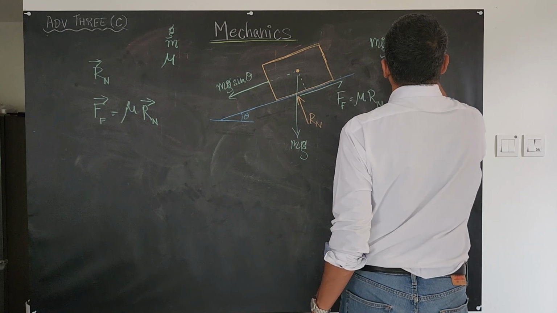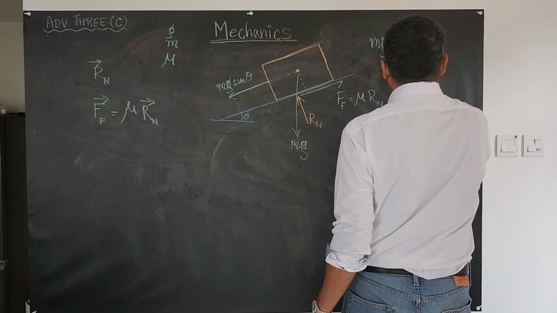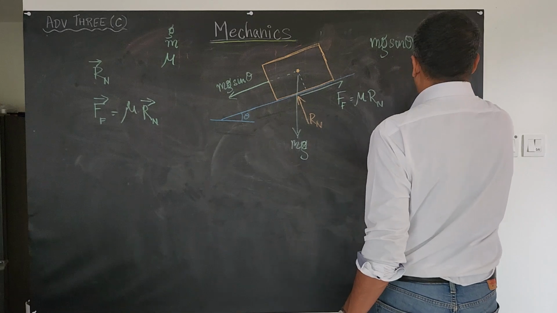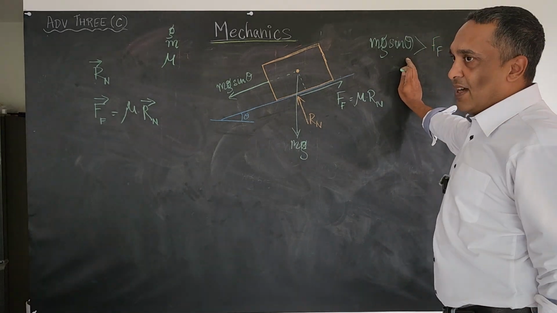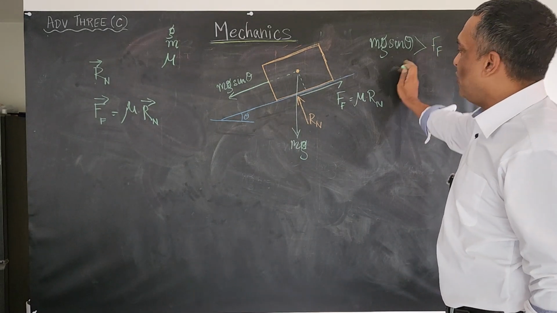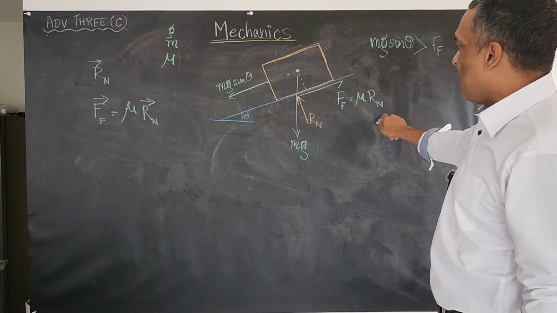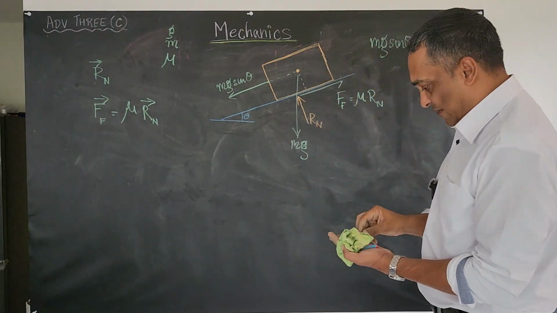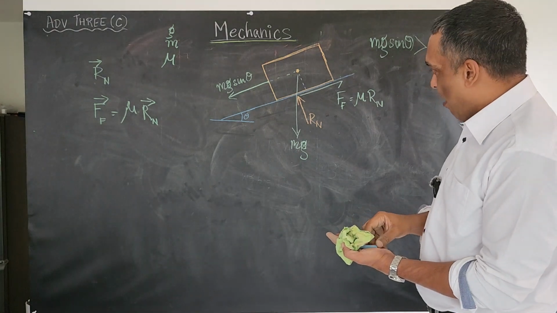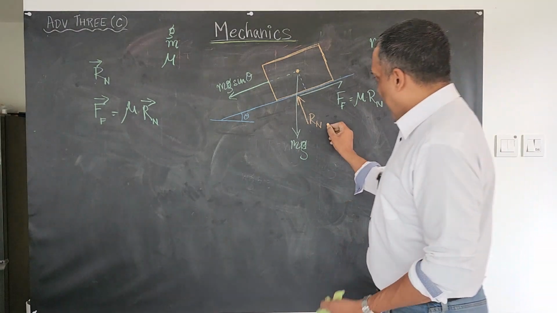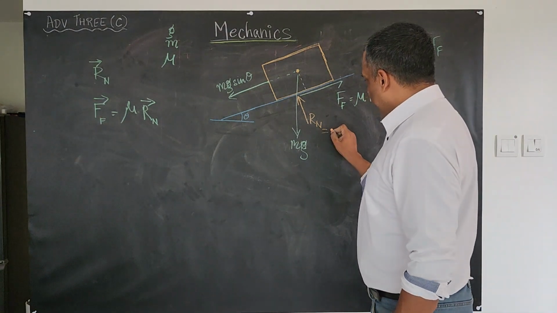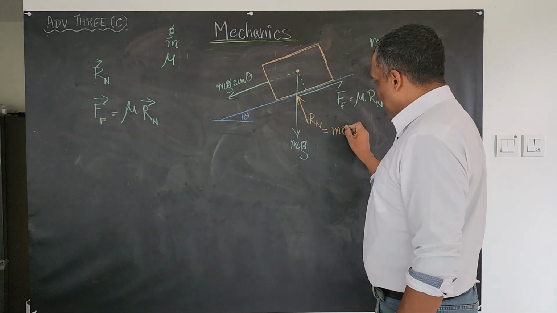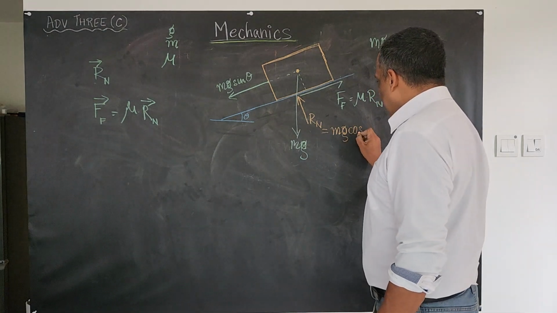When my mg sine theta begins to become greater than frictional force F, and imagine at limiting theta, it's equal to mu Rn. Rn itself could be written as mg cosine theta.